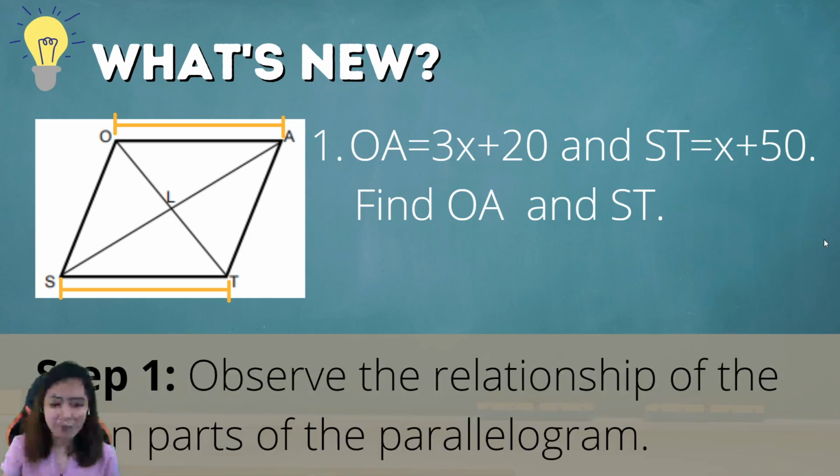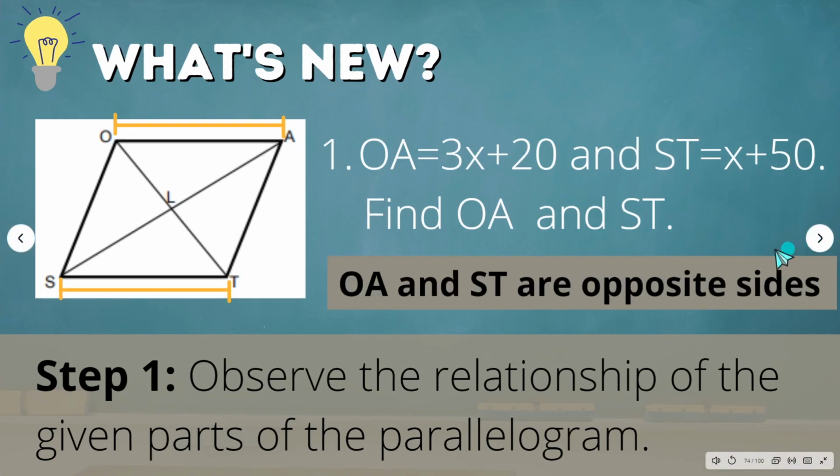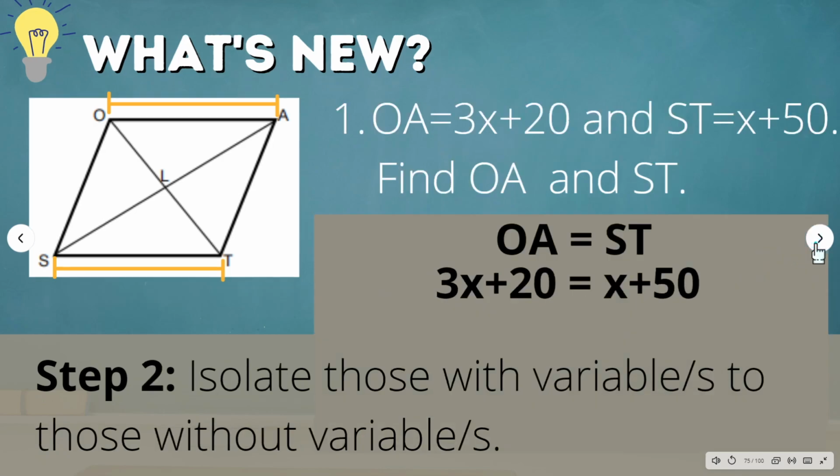Step 1: Observe the relationship of the given parts of the parallelogram. What is their relationship? Very good. OA and ST are opposite sides. Using properties of a parallelogram, opposite sides are congruent.